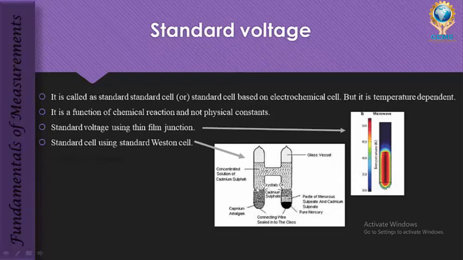But whereas for an unsaturated cell, the voltage tried to change for different temperature. The voltage was found to be around 1 volt for 600 to 800 ohms, and there was some amount of current flowing through it.